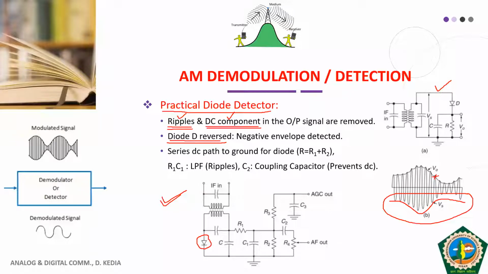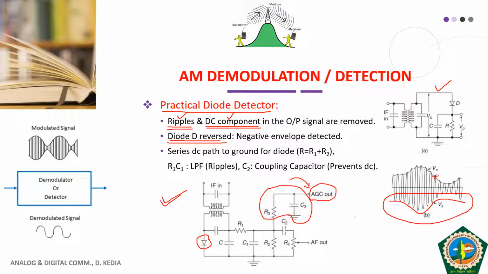The purpose of detecting the negative envelope is AGC. The meaning of AGC is automatic gain control. This R3C3 portion of the circuit provides us AGC. So in the practical diode detector circuit, one additional provision that has been shown here is AGC.